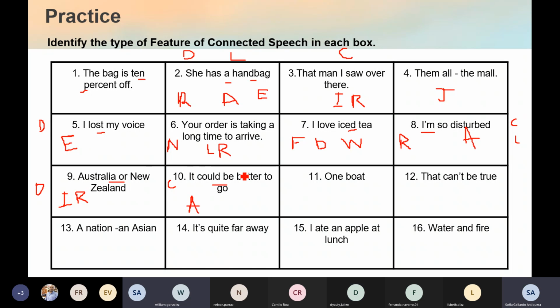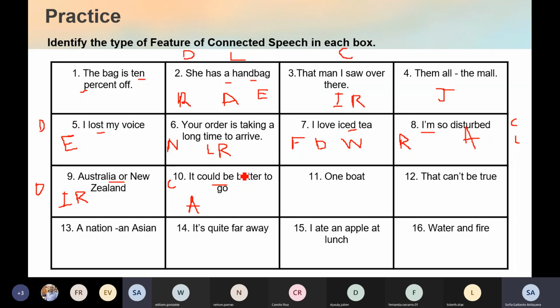You don't really know, or it's difficult to explain. I'm going to try to pronounce it. Yeah, go on. One boat. Okay, so this is actually not elision, but you spotted where the change was, so you are on a good track. It is where you pronounce, but this would be one boat.